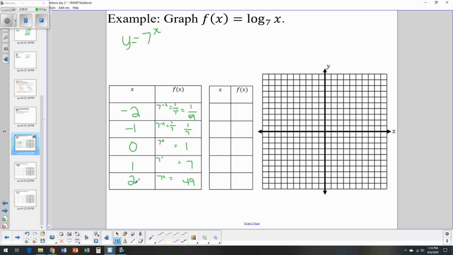So what I'm going to do now is take each of these y values and put them as x for my new chart, right? We're flipping our input and our output. So everything that was the output in the inverse is now the original value in the logarithmic function.